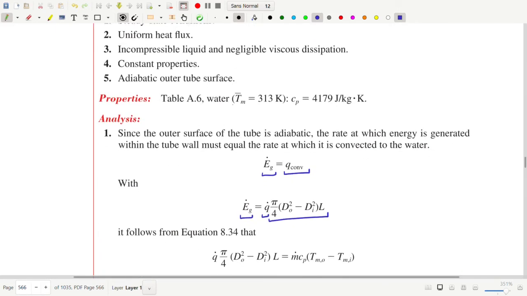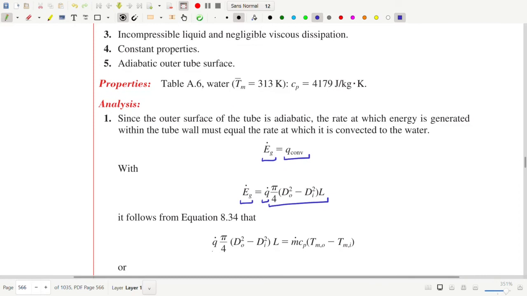Here we have taken L as the desired length of the pipe. This amount of watts, which is now Q convection, has to be equal to the energy that results in the increase in the temperature of the water from the inlet temperature, which is 20 degrees centigrade, to the outlet temperature, which is 60 degrees centigrade.